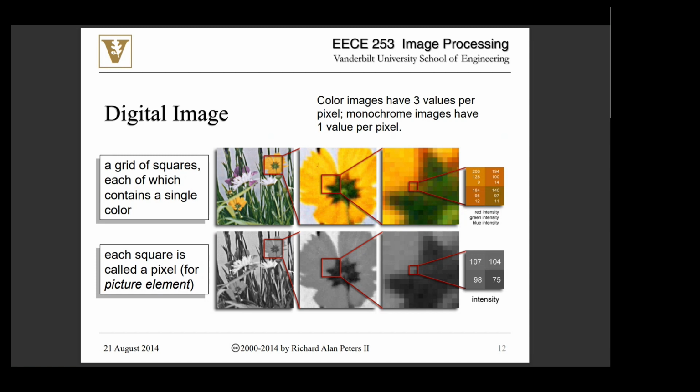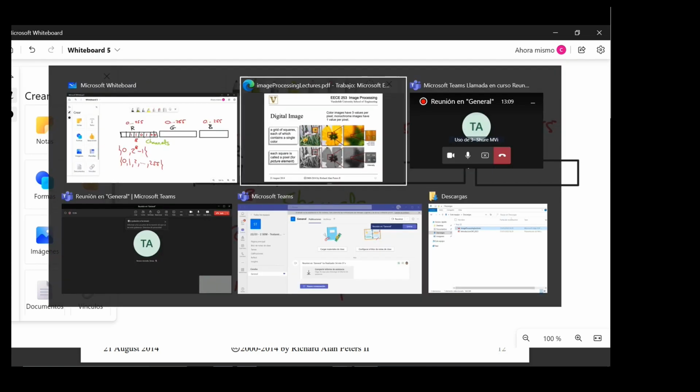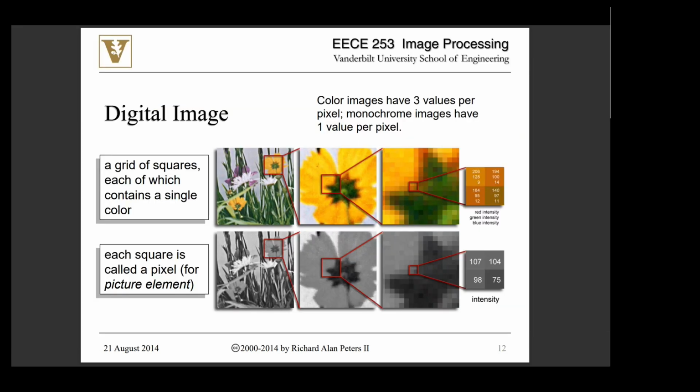If you have a gray image, and you put the three numbers to the same value, then you have a gray value.